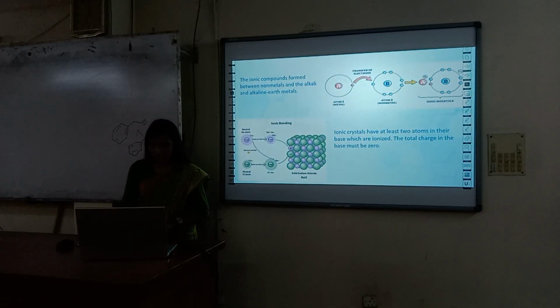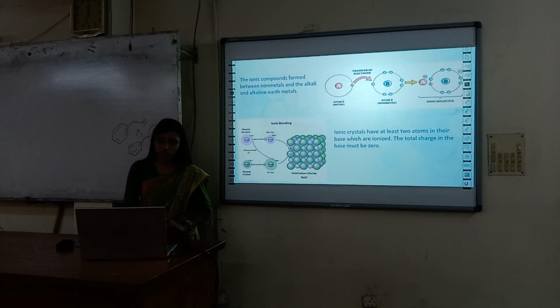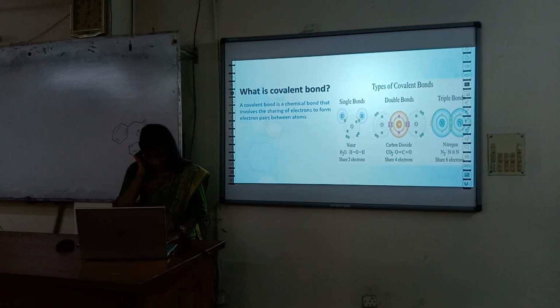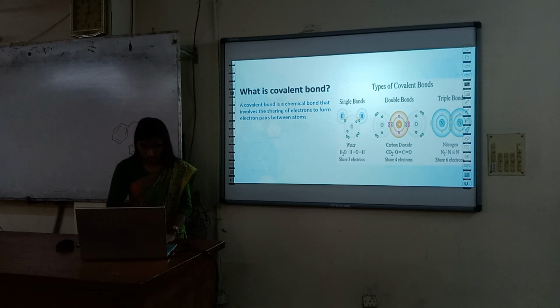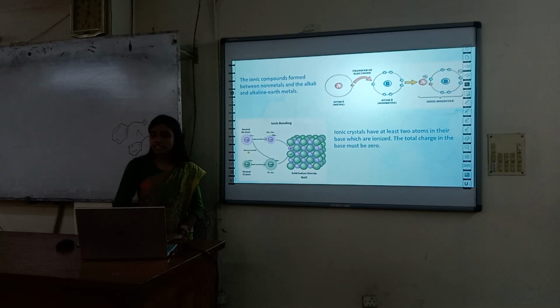Alkali metals like lithium and sodium, alkaline earth metals like magnesium and calcium, and non-metals are fluorine, chlorine, etc. So ionic crystals have at least two atoms in their base, which are ionized, and the total charge in the base must be 0.